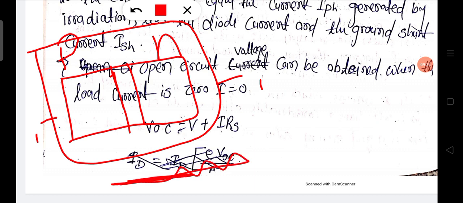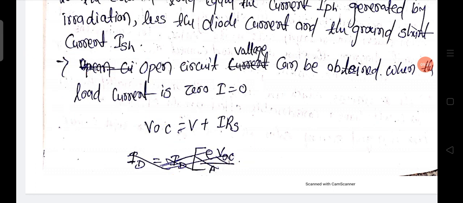At that time it is called an open circuit. Since there is no load, there is no load current, so I is 0. VOC, the open circuit voltage, equals V plus I RS.